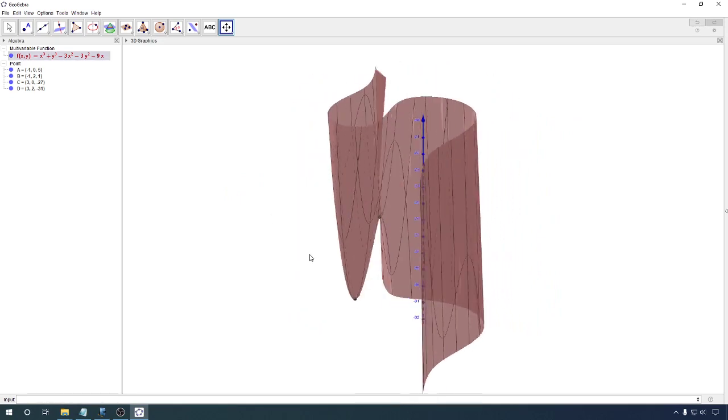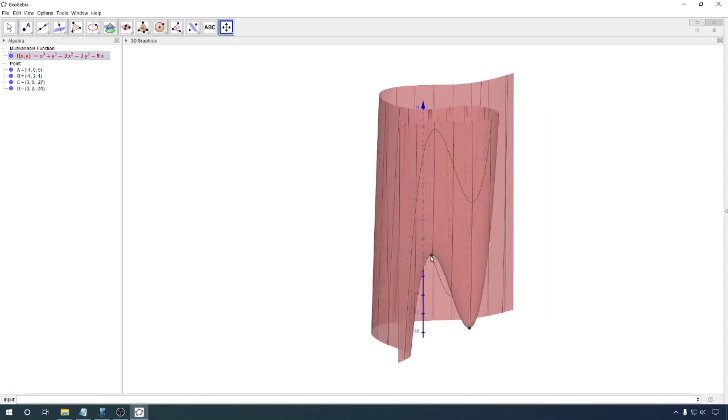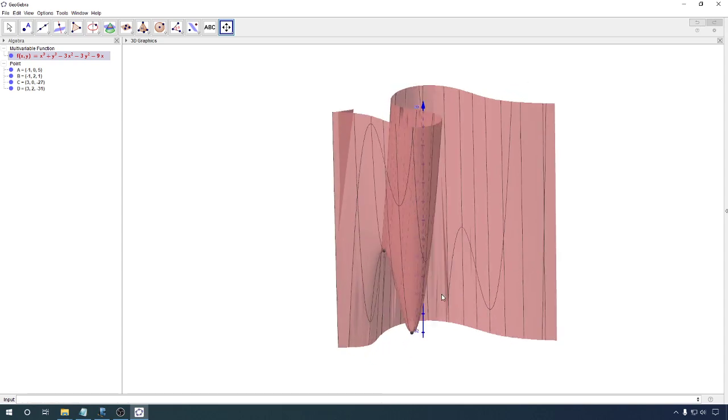So if we move the picture up so we can see something lower down, we now see our local minimum at 3, 2, and we have a saddle point again at 3, 0. So all the stuff that we predicted to be there is actually there in the places we expected.